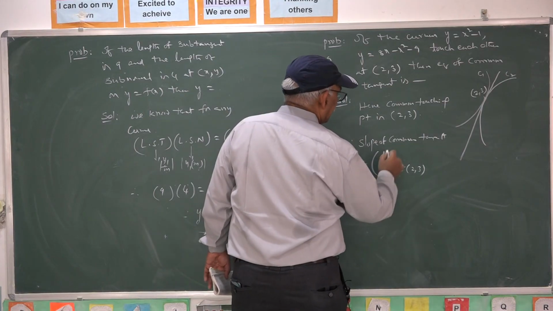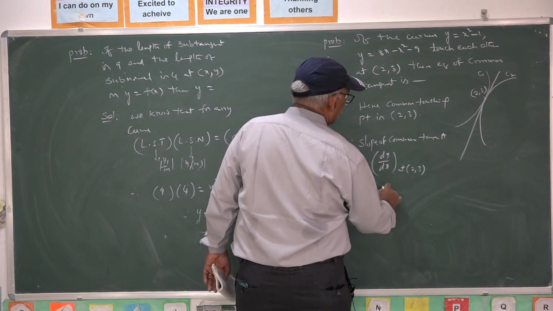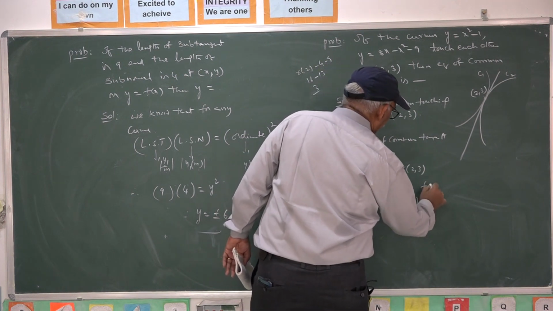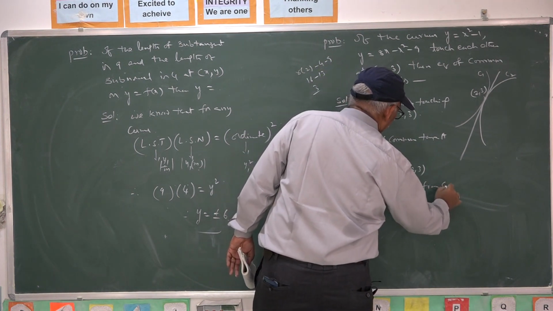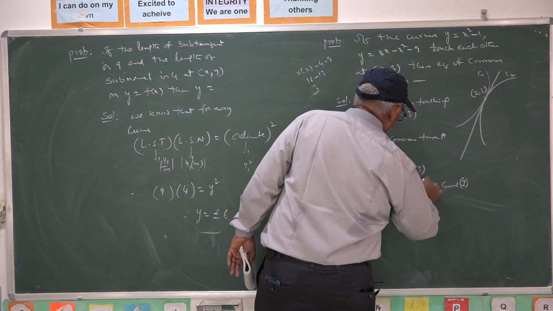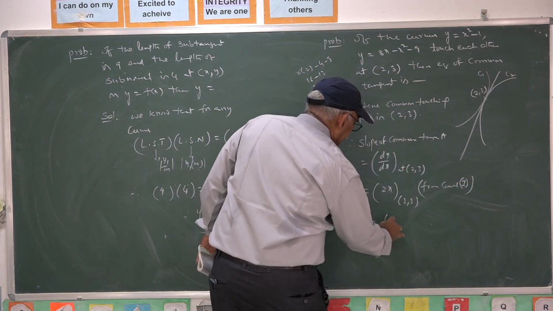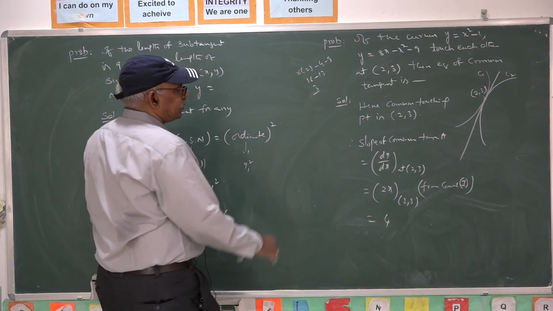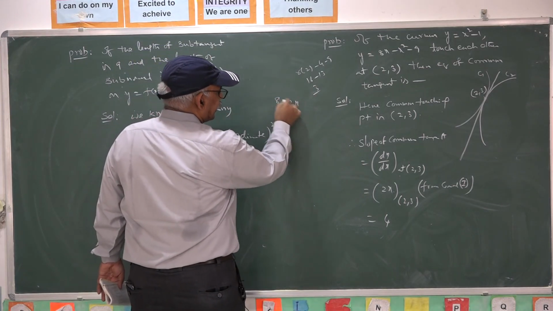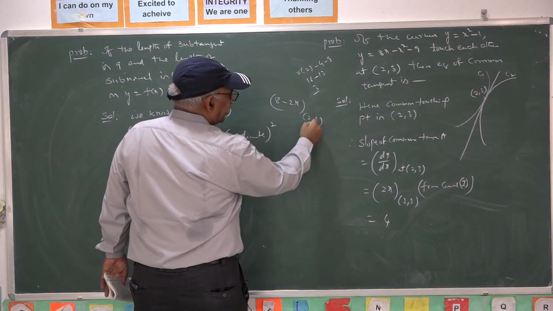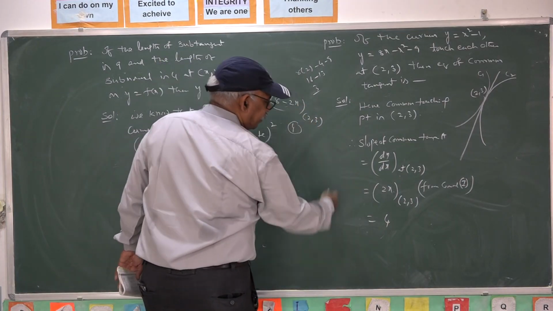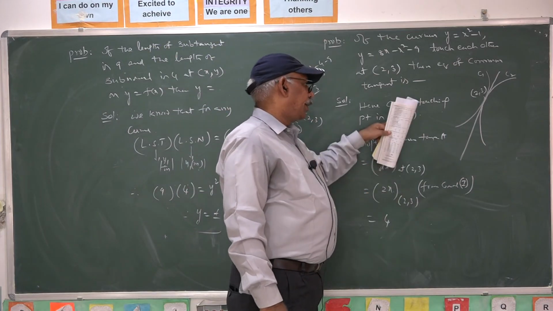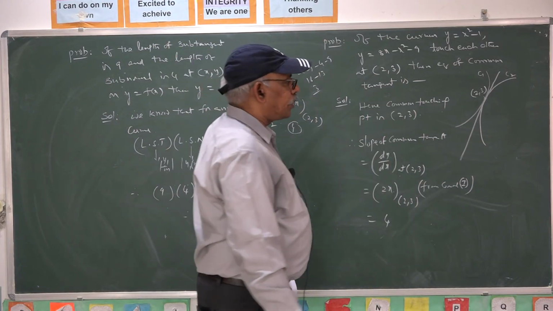So, from the first curve, dy by dx is 2x, at 2, 3 from curve 1, that gives us 4. Even from curve 2, the derivative is the same, 8 minus 2x. Taking x equal to 2, we get 4, same. So, the slope of the common tangent is 4 and the tangent is drawn at 2, 3.